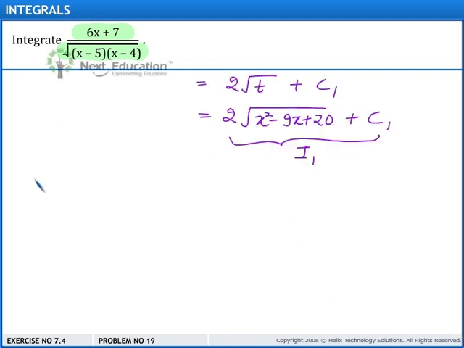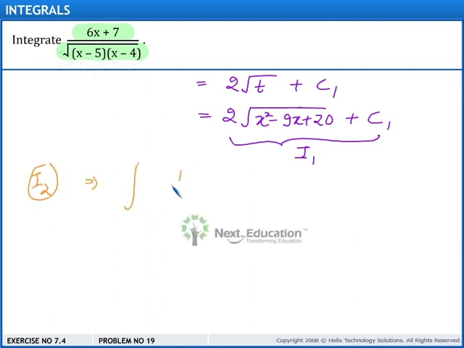Now we have integral I2, which is the integral of 1 divided by the square root of x² − 9x + 20 dx.